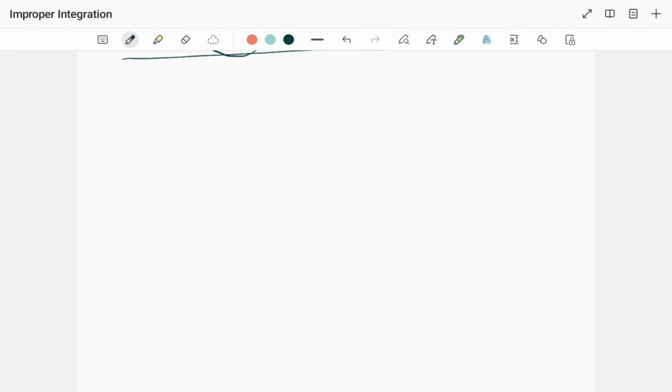Range bounded means there will be particular numbers between which all the values of the function lie. Like if we write, f is bounded.